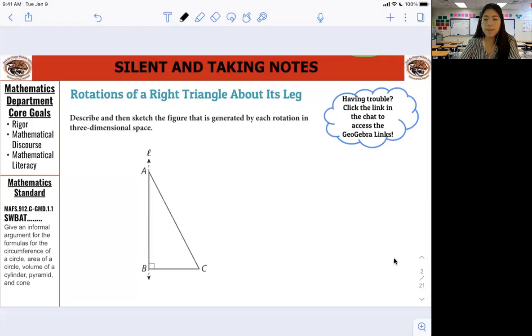T is the amount of radians, though it's not super important what T is. Remember that a full circle is 2 pi radians. So what's happening is we're going to spin this around and around, and when you do so, you end up creating a cone.